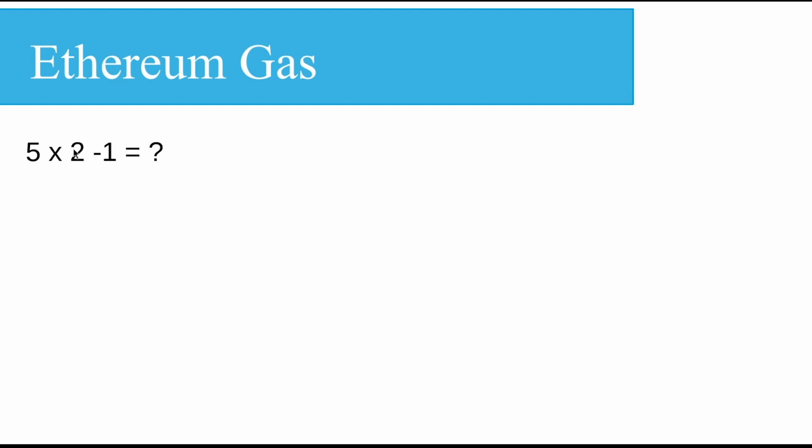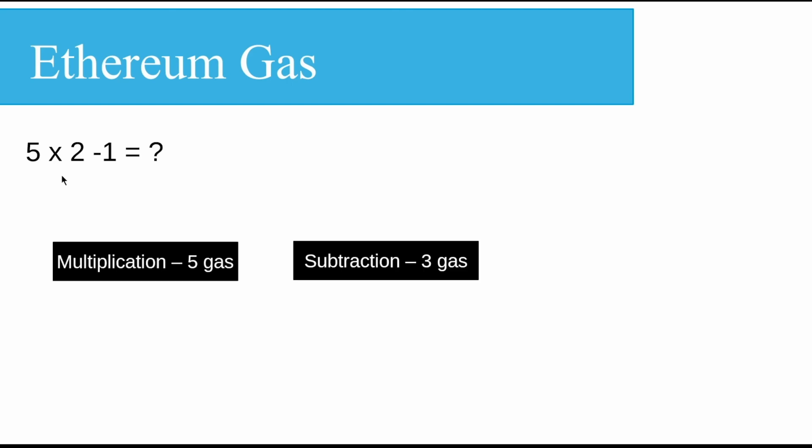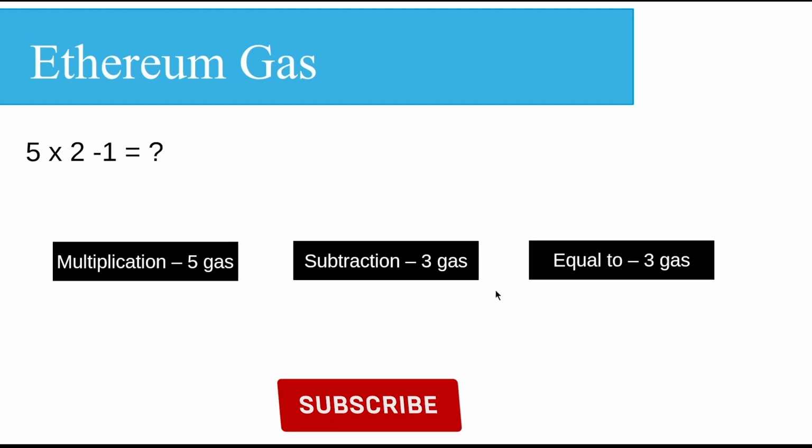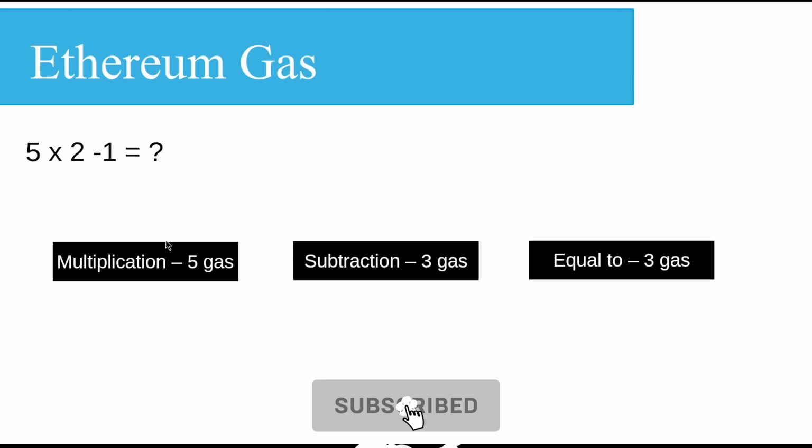All these operations that you are using to evaluate this expression will actually cost you a certain amount of gas. Every mathematical operation that I am using here has a different usage of gas. For example, multiplication will need 5 gas, subtraction will need 3 gas, while your equal to operator will need 3 gas again. Now, how do I know all this? We are going to see that in our upcoming slide, so don't worry about it.